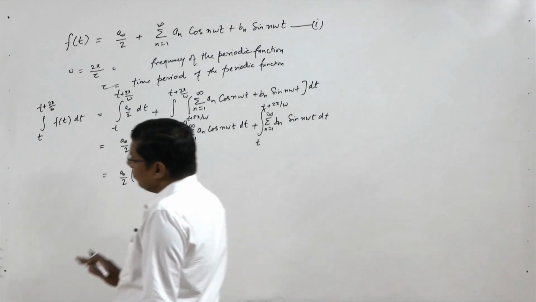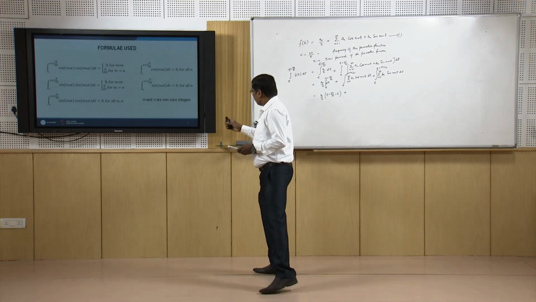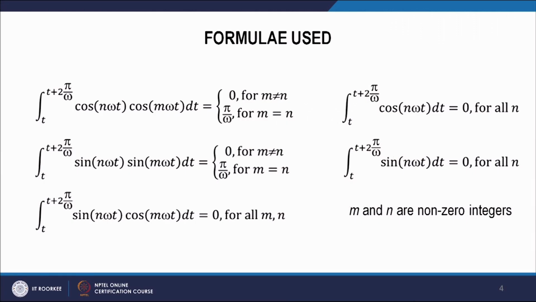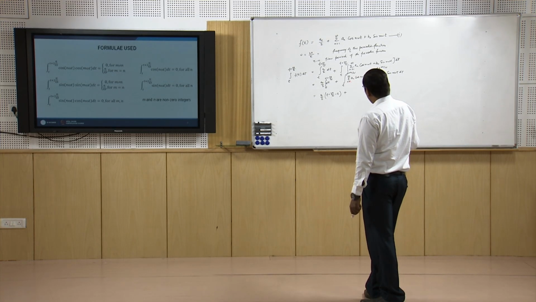Now according to this expression, the integral from t to t plus 2 pi by omega of cos n omega t dt equals 0 for all n. So the integration of an cos n omega t dt equals 0 for any n value.